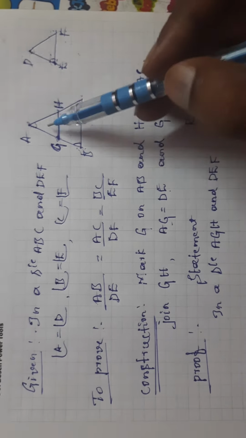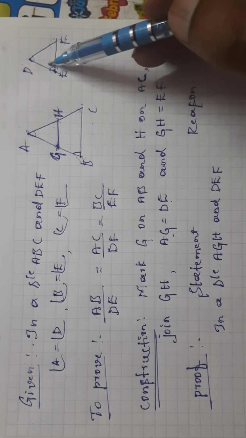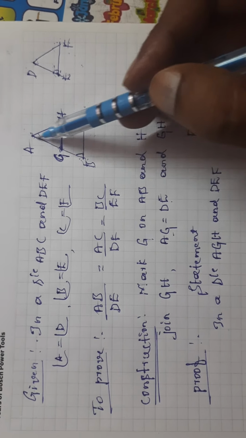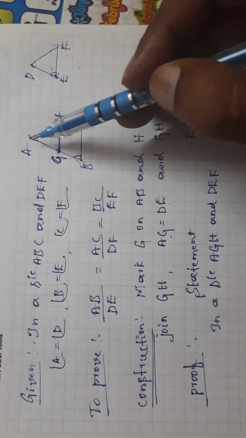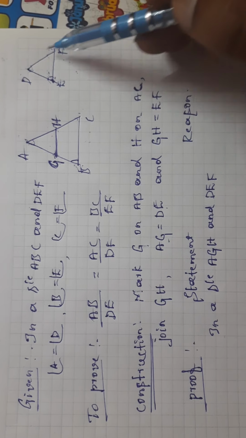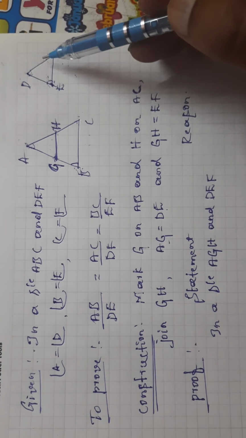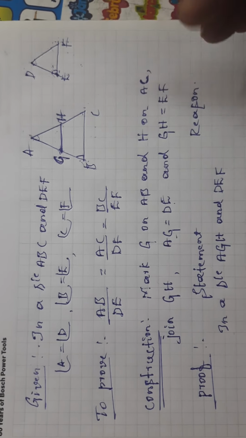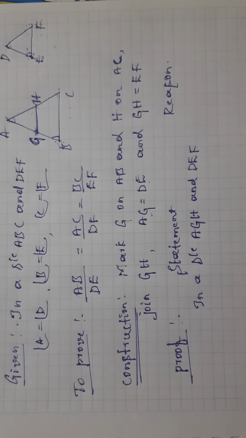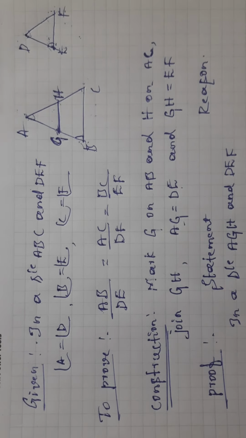Two sides of one triangle are equal to two sides of another triangle, and the included angle is equal to the corresponding included angle of the other triangle. Then those two triangles are congruent. We need to prove that two sides and the included angle of these two triangles are equal.